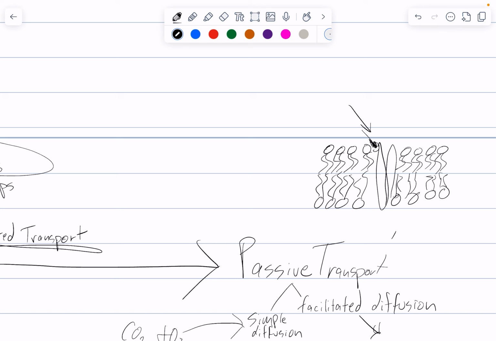There's also mechanically gated channels. These are opened by force, whether it be like pressure or touching something, that will cause these channels to be opened. And then you also have sodium leak channels, which is a channel that is used for consistent movement of potassium across the cell.